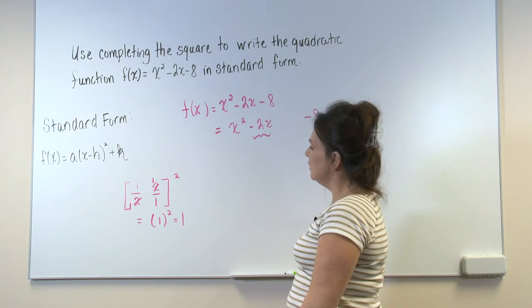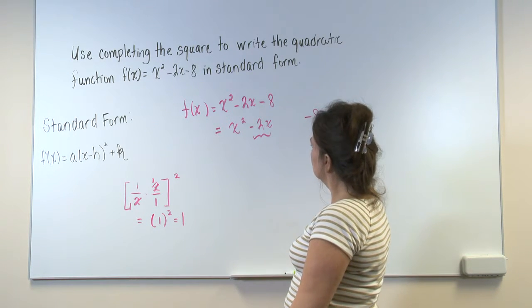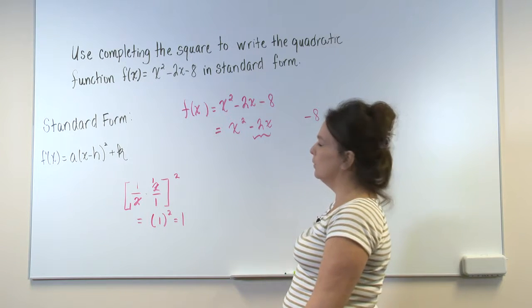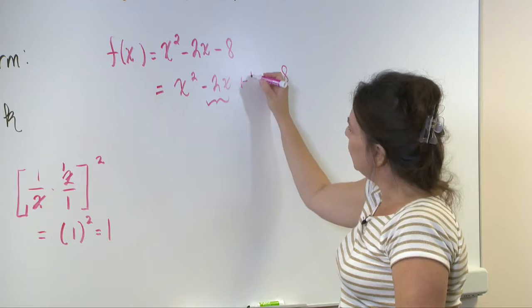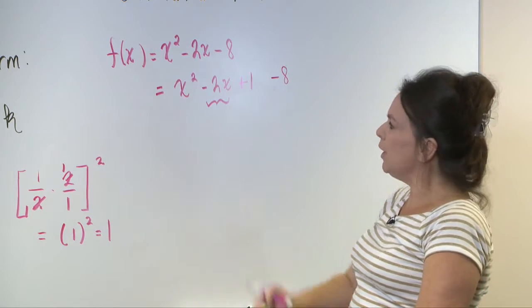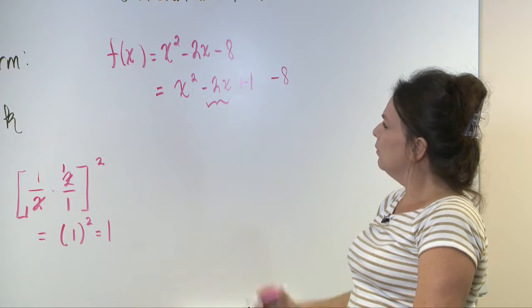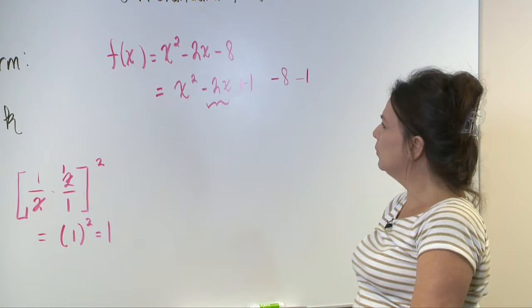Now, this is the amount that I'm going to add to create a perfect square trinomial here. So I'm going to add 1 here. This is a function, and I can't change the function. So if I add 1, then I'm also going to subtract 1.